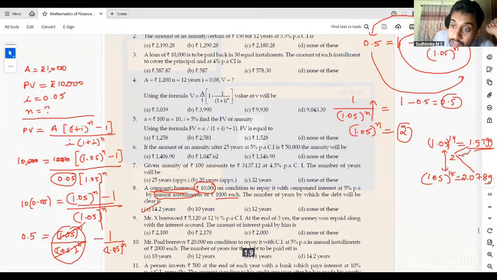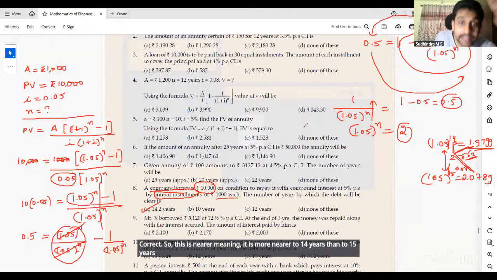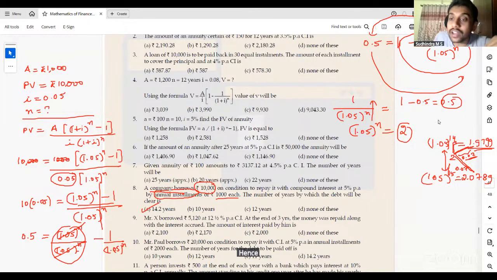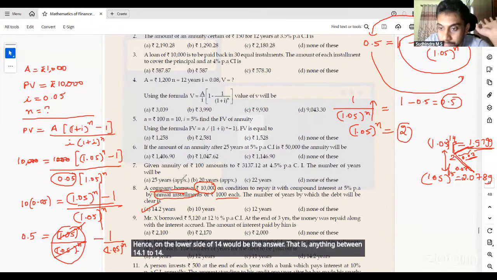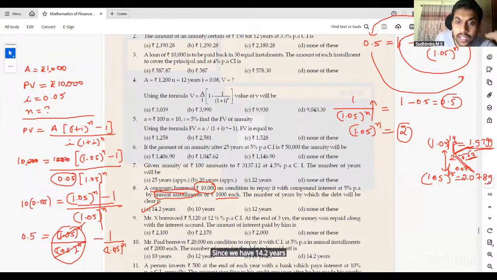Here the difference is just 0.02, whereas the difference here is 0.07. So it is nearer to 14 years than to 15 years. Hence, on the lower side of 14 would be the answer, anything between 14.1 to 14.4. Since we have 14.2 years, that is the correct answer.